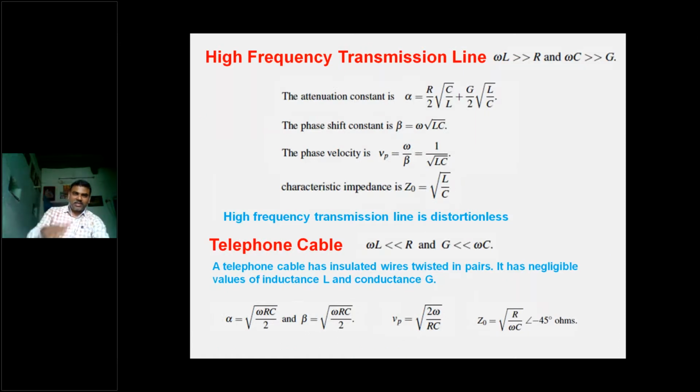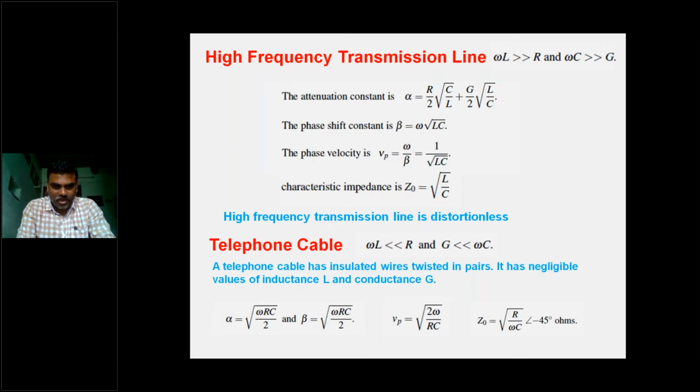And for the high frequency transmission line, these are the formulas for alpha, beta, Vp and Z. The high frequency transmission line is distortionless, so we can use the same formulas of distortionless transmission lines, just with one small term added in the attenuation constant, which is an almost negligible term.